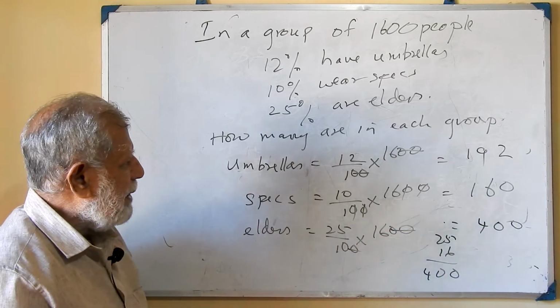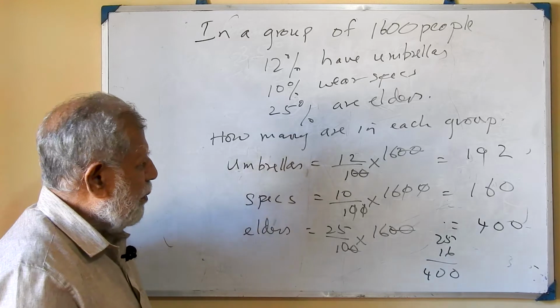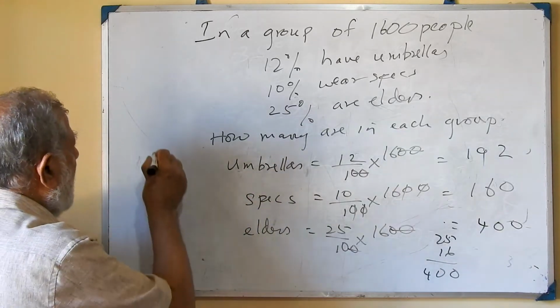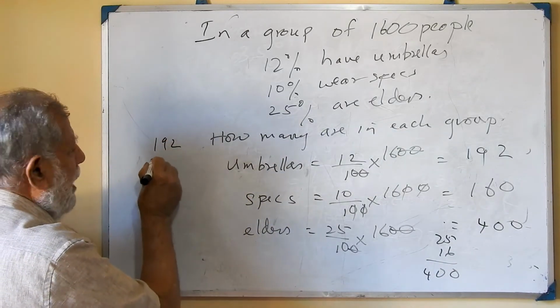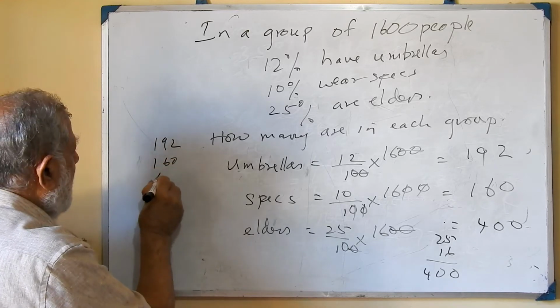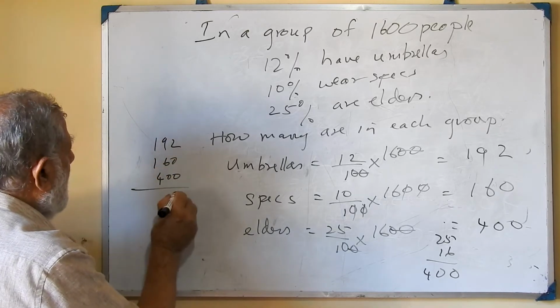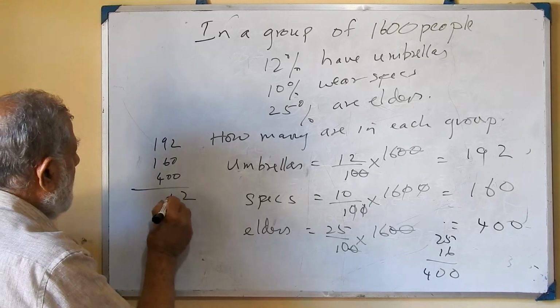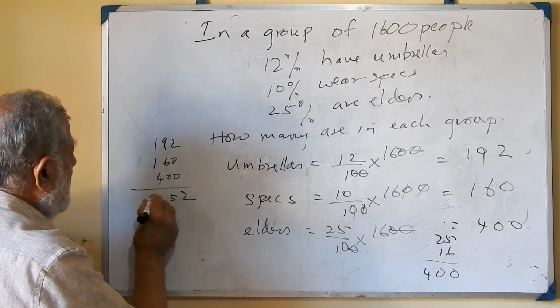So what is the remaining? If the remaining group is children, how to find out children? So you have to add all these: 192, 160, 400. That is 752.